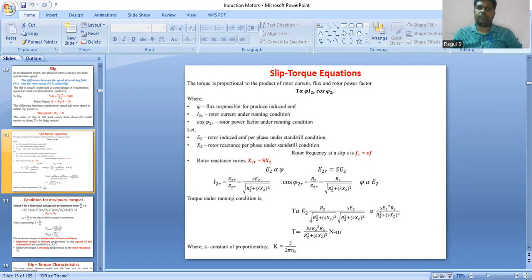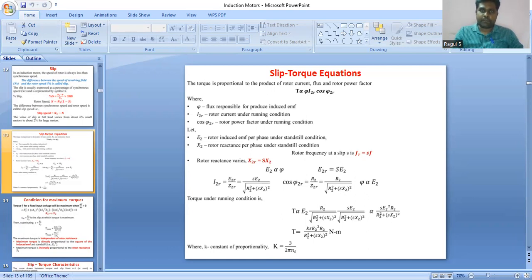One more important loss is stray losses. These losses occur in the iron as well as the copper winding of the machine. Stray losses cannot be determined exactly, but are accounted for by a suitable factor when the efficiency of the machine is calculated. Based upon the losses, we calculate the efficiency.